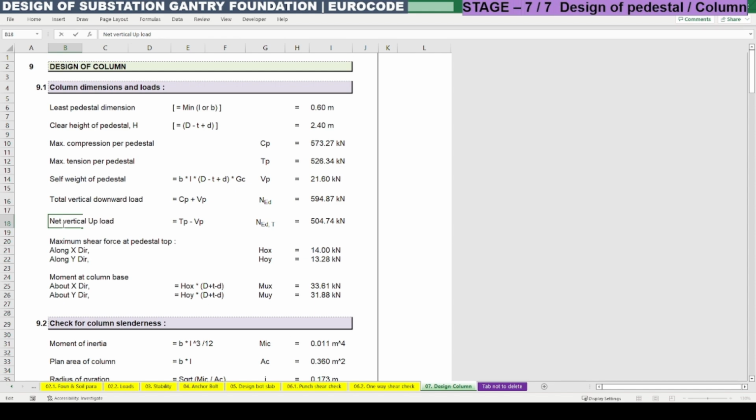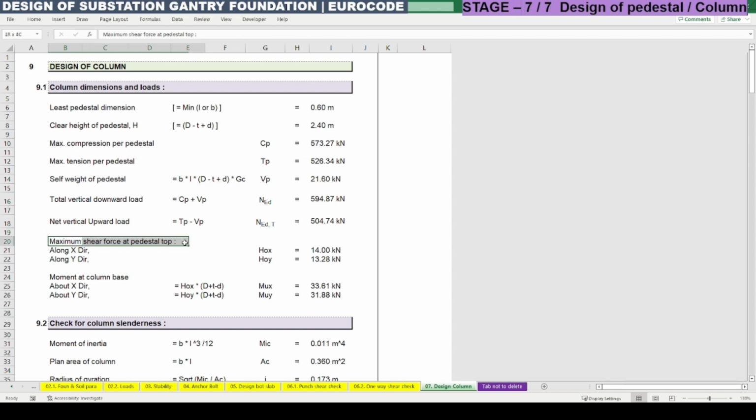Net vertical upward load means we need to subtract the self weight from the tension which is coming from the structure. So TP minus VP. This will give you the net vertical upward load or tension for the pedestal.